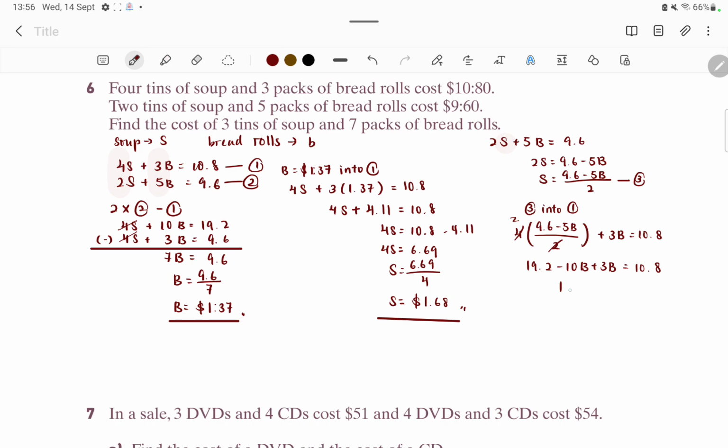This one, 19.2 minus 7b equals 10.8, and then negative 7b equals 10.8 minus 19.2. You should get negative 7b equals negative 8.4.